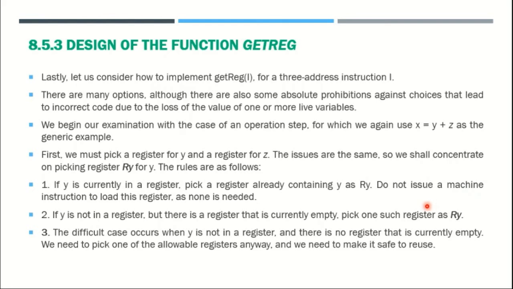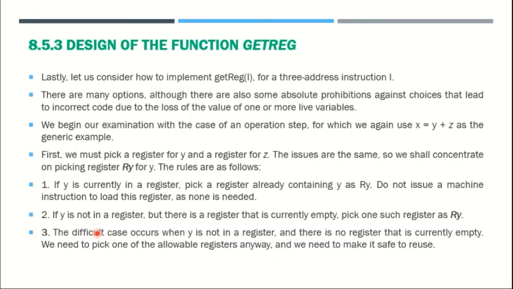This is one situation. Another rule is, if y is not in a register, but there is some register that is currently empty, then we can use that register to assign the value of y.